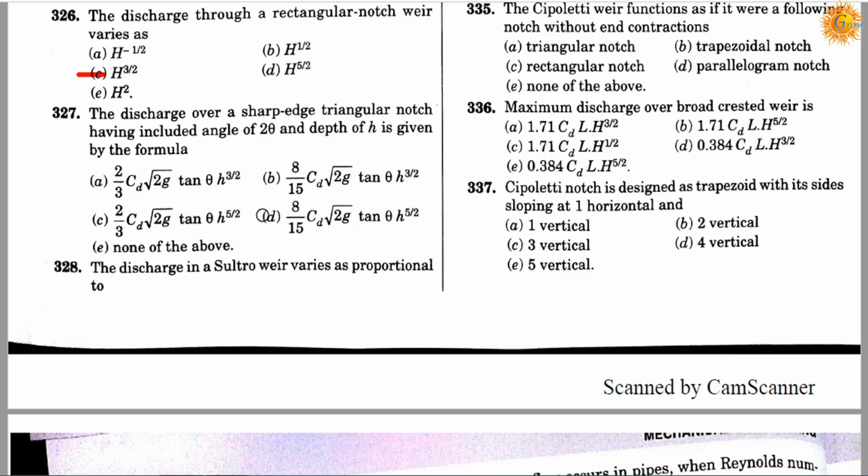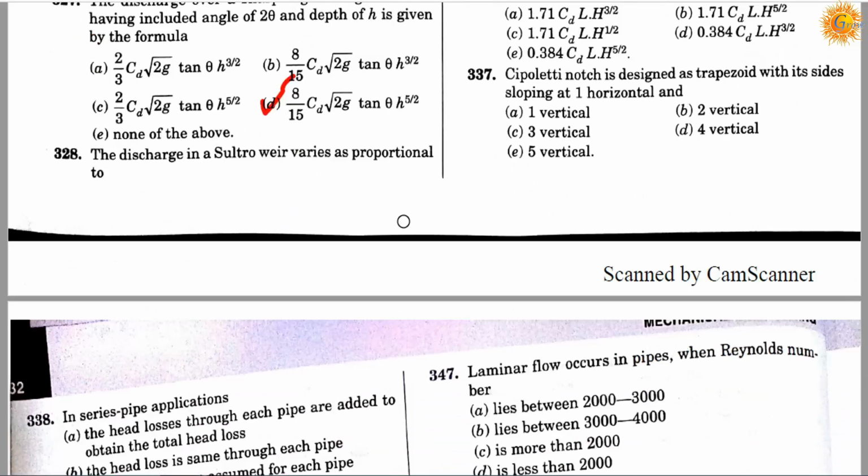So the correct answer is D, it will be 8 upon 15 CD under root of 2g tan theta h power 5 by 2.